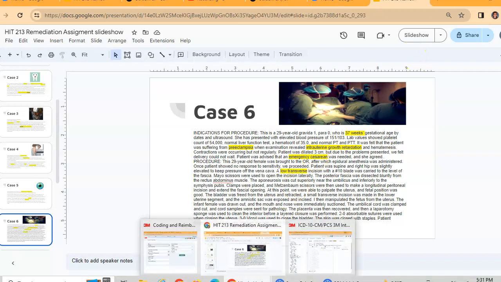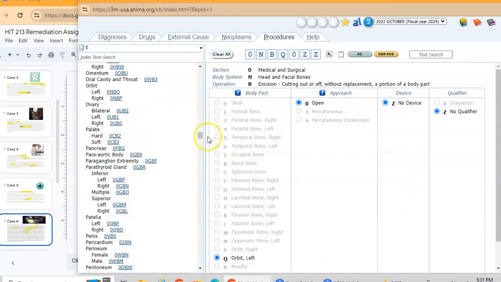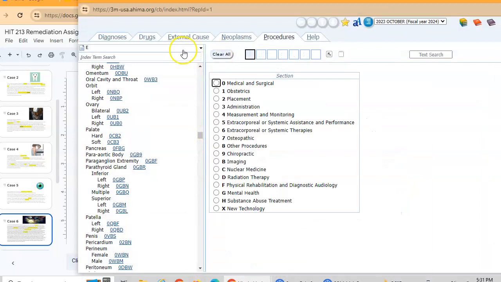So encoding this, I would Google emergency C-section or cesarean, low transverse.